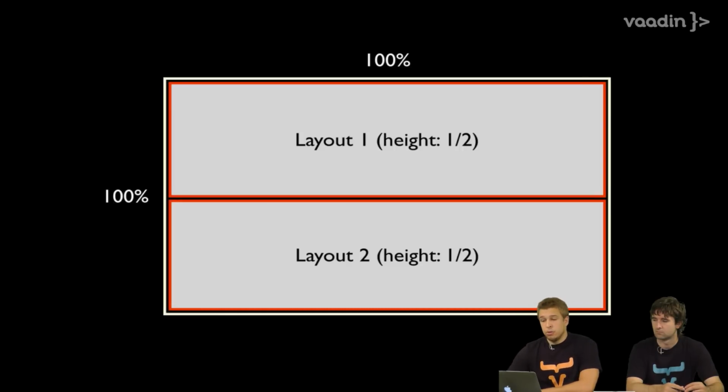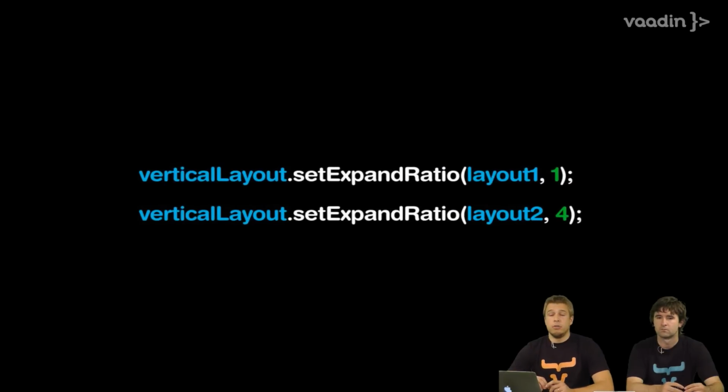And as we were talking about the expand ratios, we can, for example, now define that our vertical layout, which is now the root component for these 2 mentioned CSS layouts, should actually adjust the available space with 1:4 ratio.